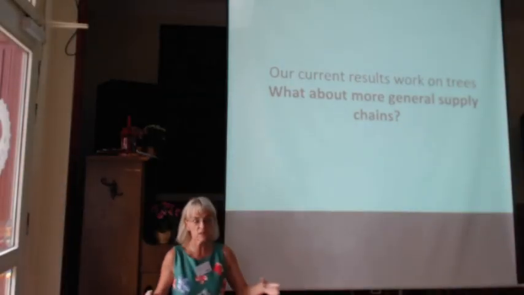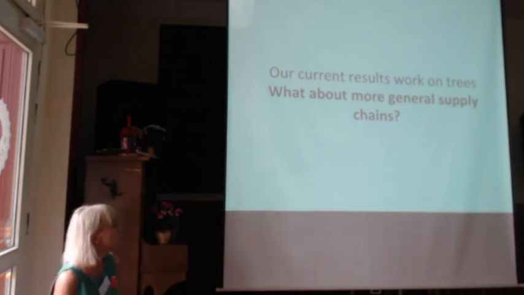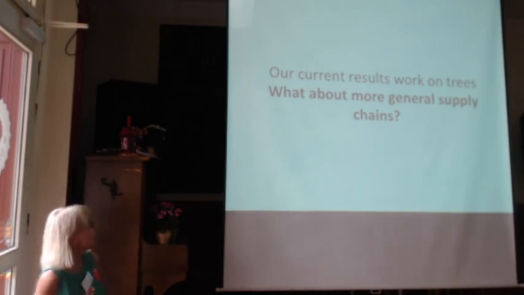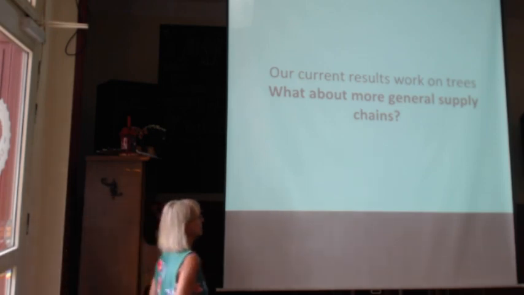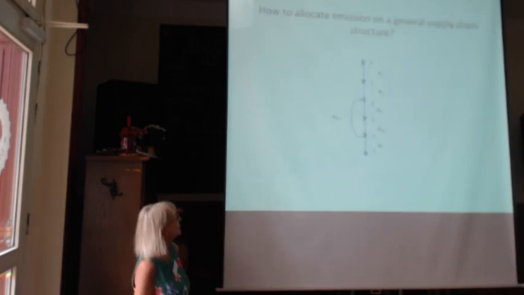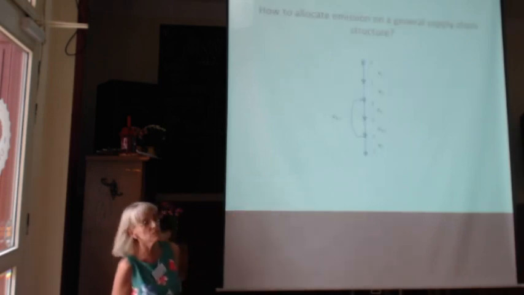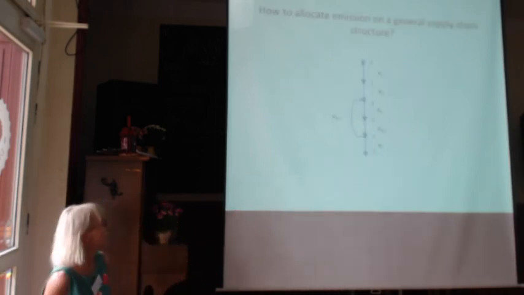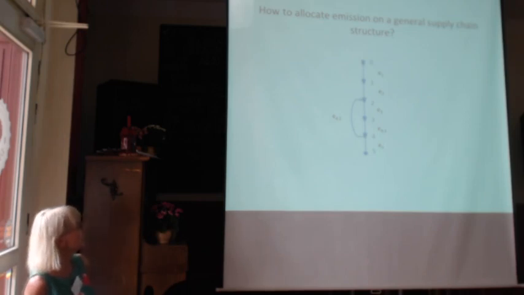This is what we started from, with a tree where we can calculate the Shapley value rather easily. And so what happens if we have supply chains with more general structures, which is usually the case. You don't really have a tree for your supply chain. So this looks like a simple case, but it is actually not a tree, and it becomes a little bit messier.